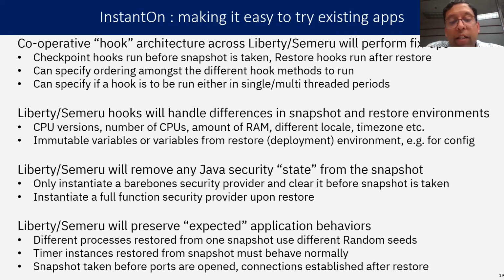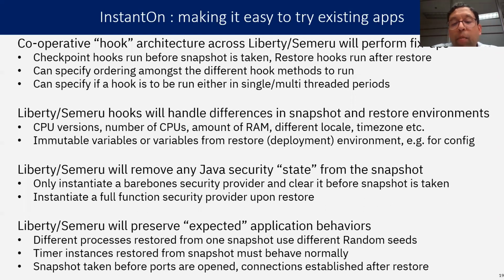Finally, there's a variety of other smaller areas that I won't get into in detail that we also already have compensations for. For example, you don't want the same random number seed used in n different containers restored from the same image.